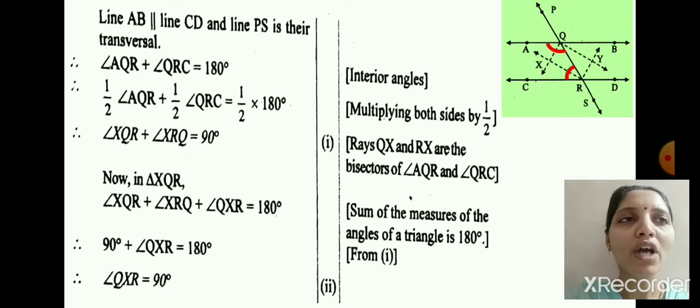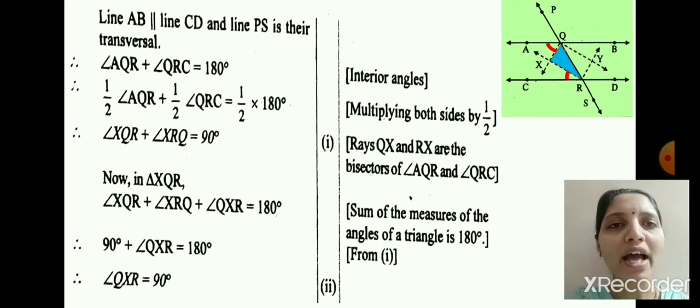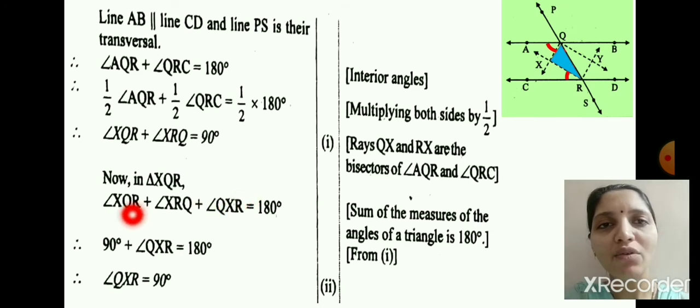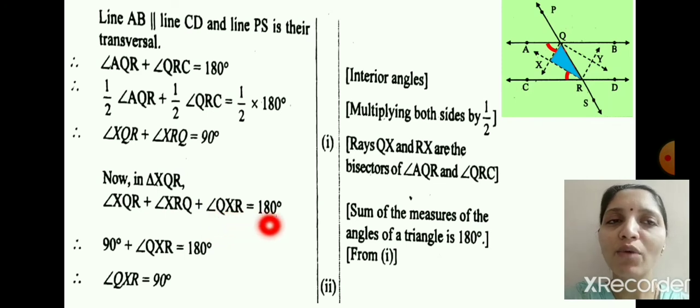Now you have to consider triangle QXR. What can you write here? We know that the sum of the measures of all the angles of a triangle is 180 degrees. So let's write down angle XQR plus angle XRQ plus angle QXR is equal to 180 degrees.